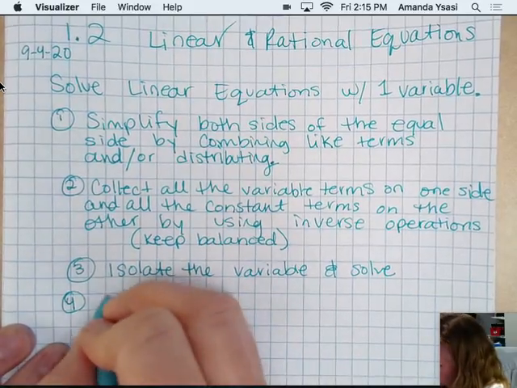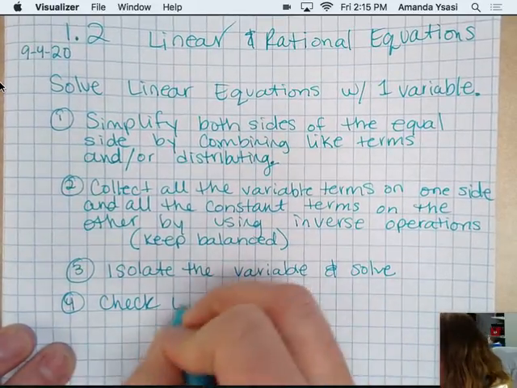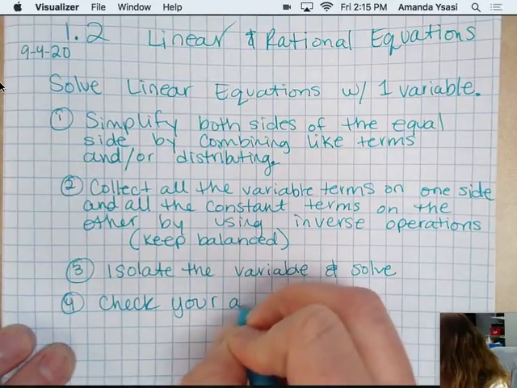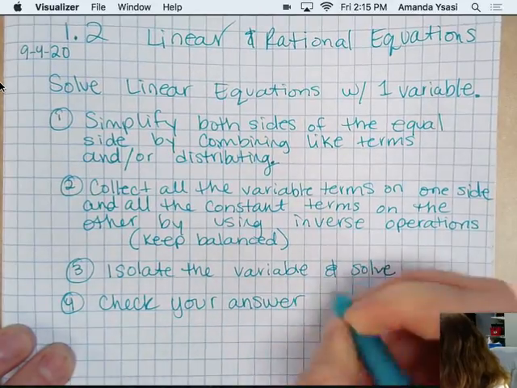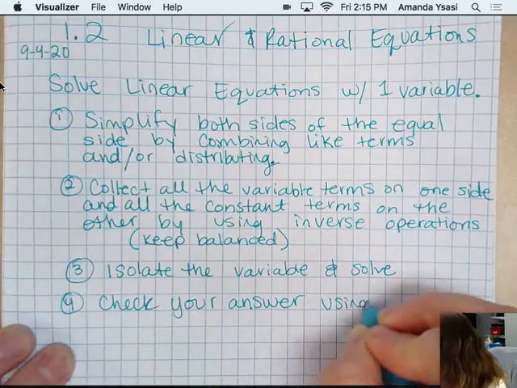Step 4, check your answer using substitution.